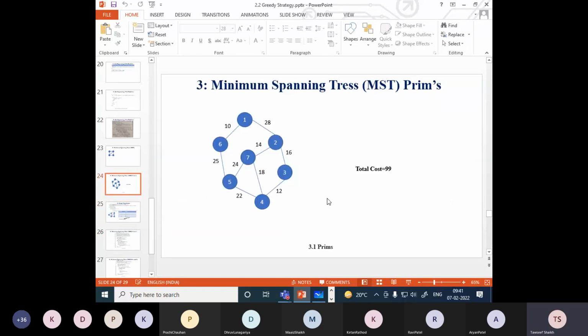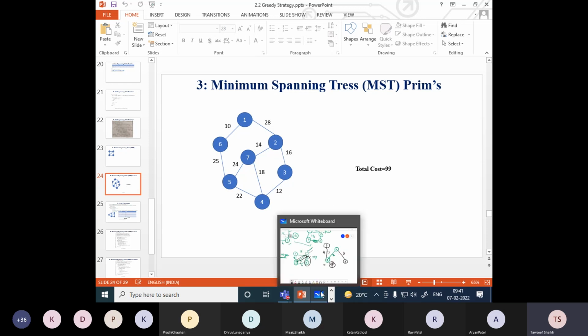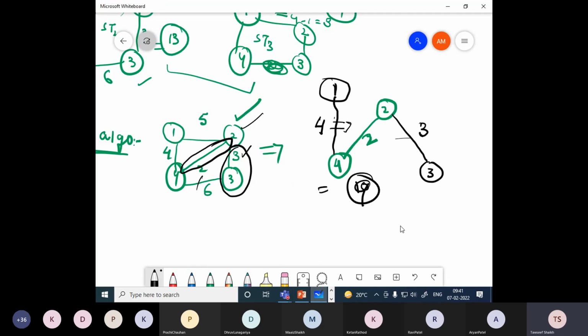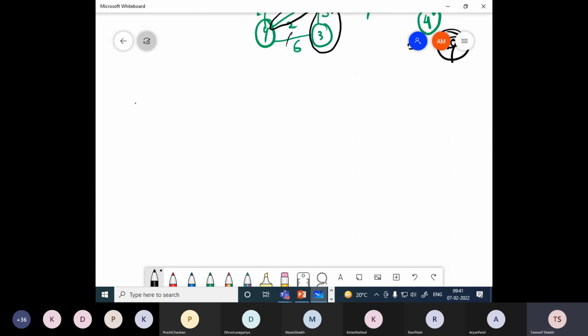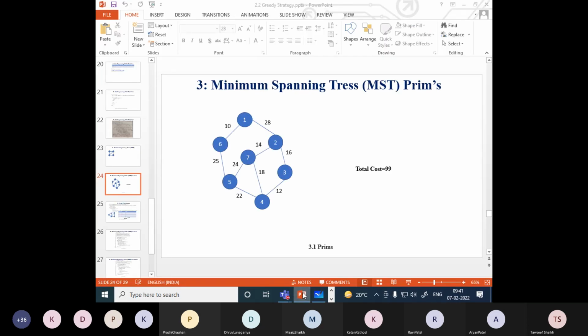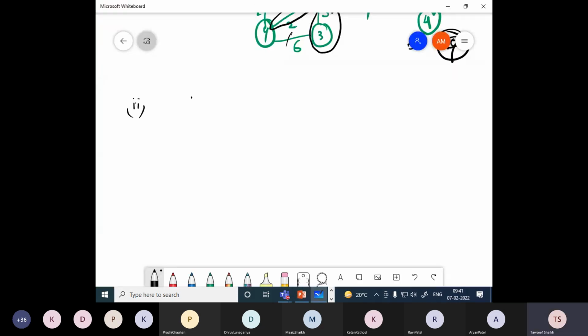Okay. So now let's see the working of Prim's algorithm on a second graph, which is a little bit more complex than this one. We have 1, 2, 3, 4, 5, and 6 vertices in total.